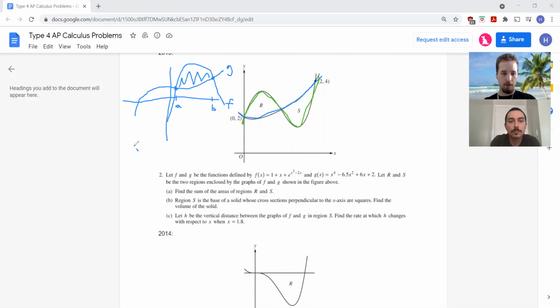So if I wanted to find the area of this, it would need to be the integral from a to b of f minus g. So that is how you find the area between two curves.